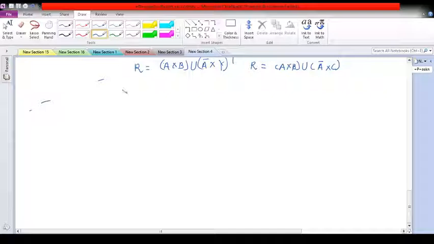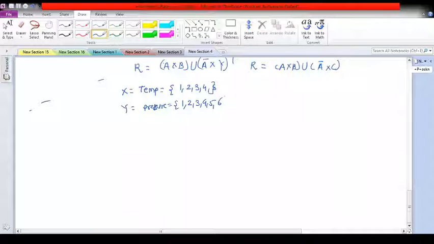Temperature is represented as the universal set X, and the universal set Y represents the variable pressure. Let's say the numbers for the temperature set are 1, 2, 3, 4, and for pressure the numbers are 1, 2, 3, 4, 5 and 6.